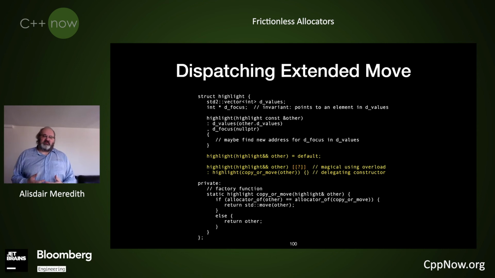But what I can do is delegate down to a separate factory function in this case that returns a highlight by value. And all it does is say, if the allocators are the same, using this allocator query function that I said we would be adding, I can either create a new object by the move constructor or create a new object by the copy constructor.